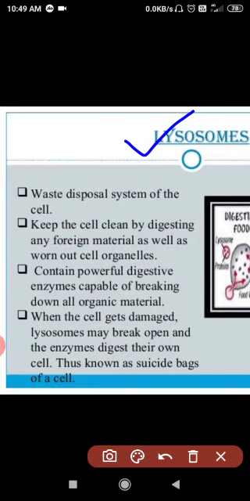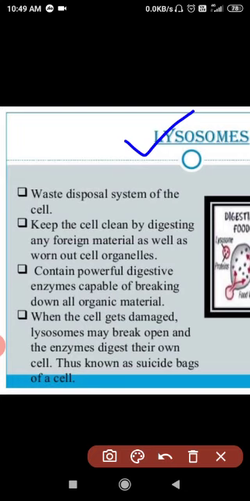When the cell gets damaged, the lysosome may break open and the enzymes digest their own cell, thus it is known as the suicide bag of a cell. Lysosome is also considered a suicidal bag. Why is it called so? Because it has digestive enzymes in it which make it efficient to digest its own cell also.